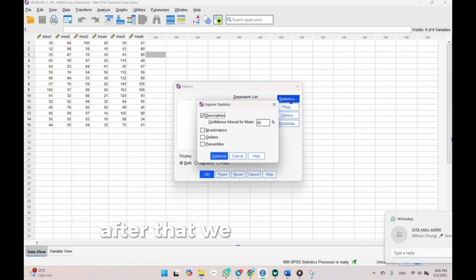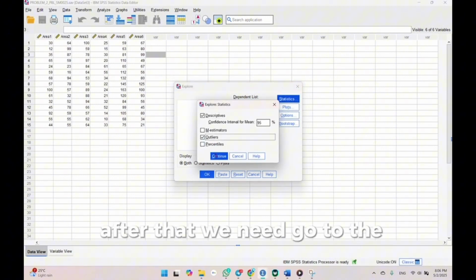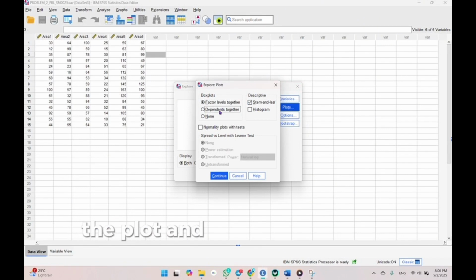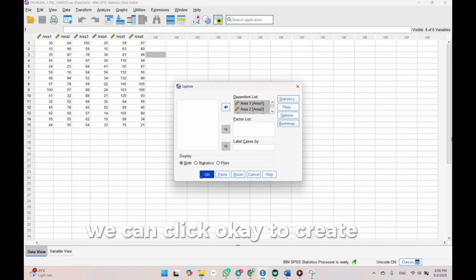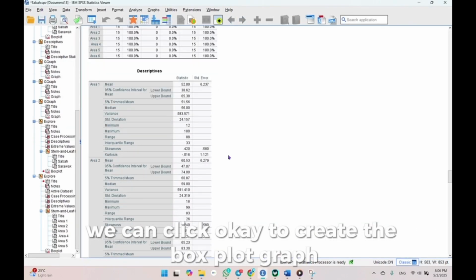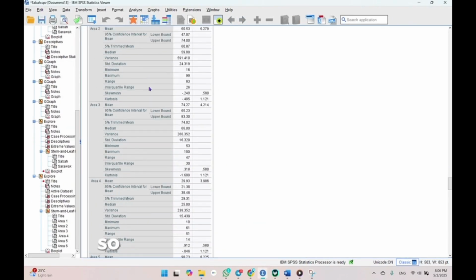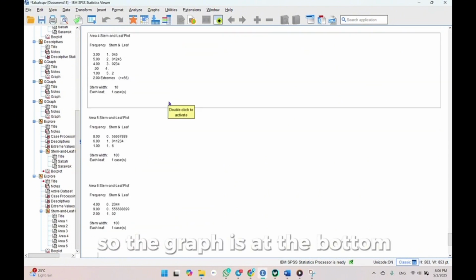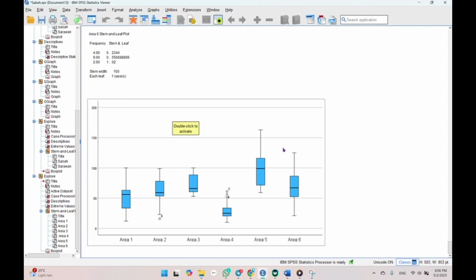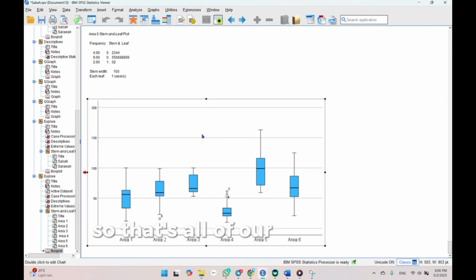After that, we need to go to the options, the plot, and make it dependent value. After that, we can click OK to create the box plot graph. The graph is at the bottom, which is shown here. So that's all for problem 2, making the graph.